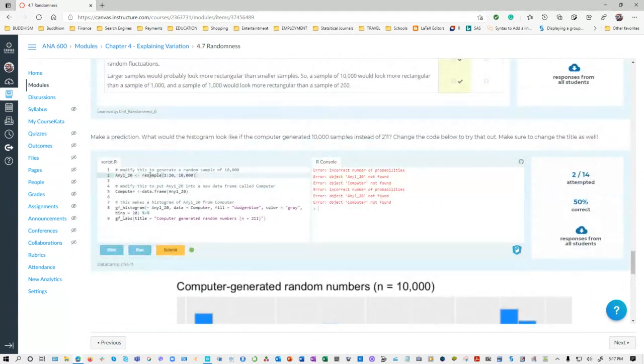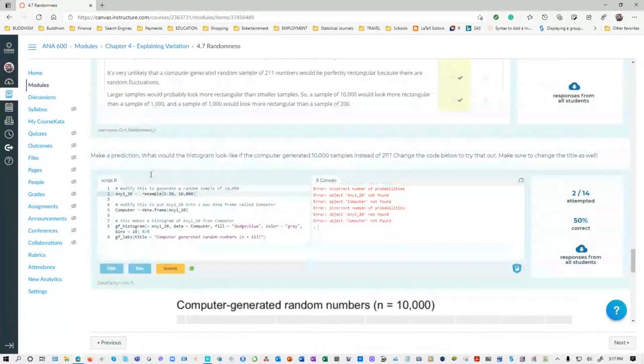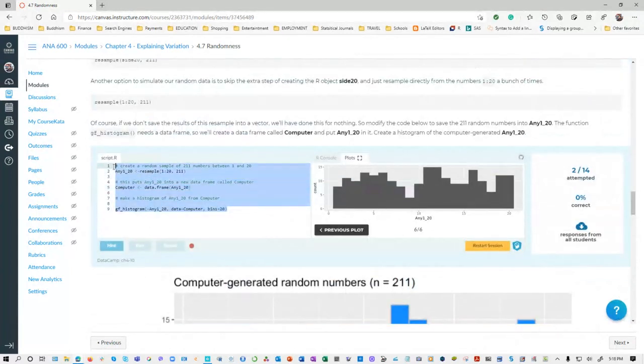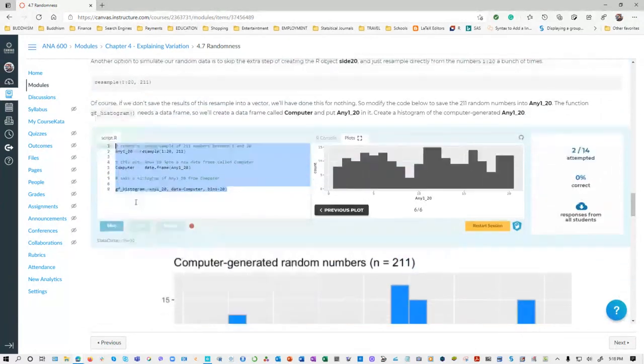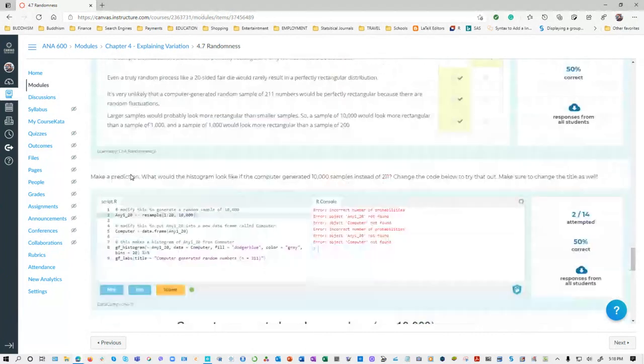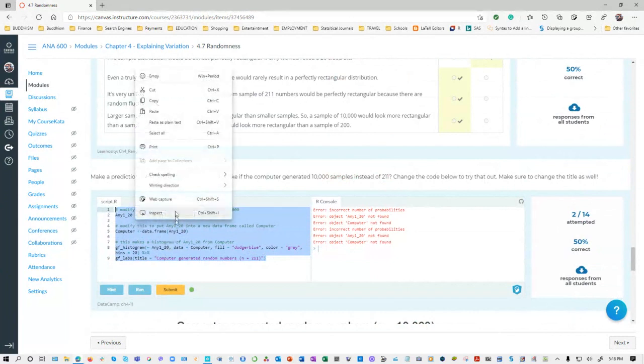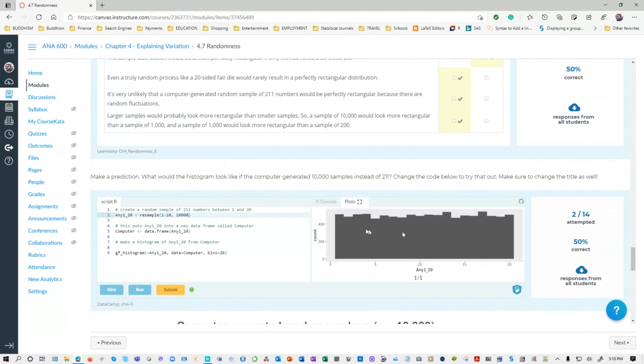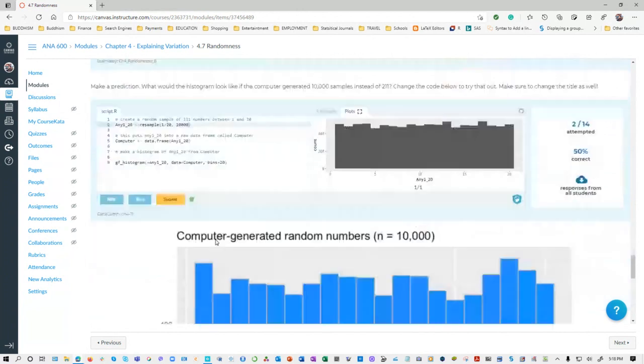Why don't we resample 1 to 10,000? Copy this one, put it over here and run. Instead of this one, 10,000. See, I can get it more flat.